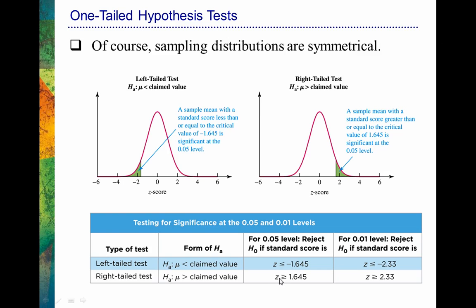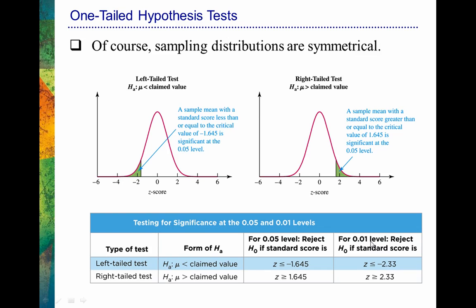So if our z value is greater than or equal to 1.645, we will reject the null hypothesis. All we're seeing in here is it's telling us if our sample mean, when we transform it into a z-score, is in this region, we reject the null hypothesis and conclude we have statistically significant results.